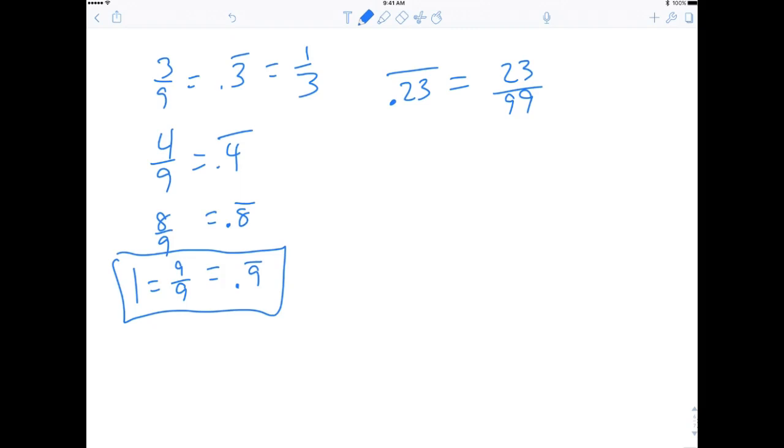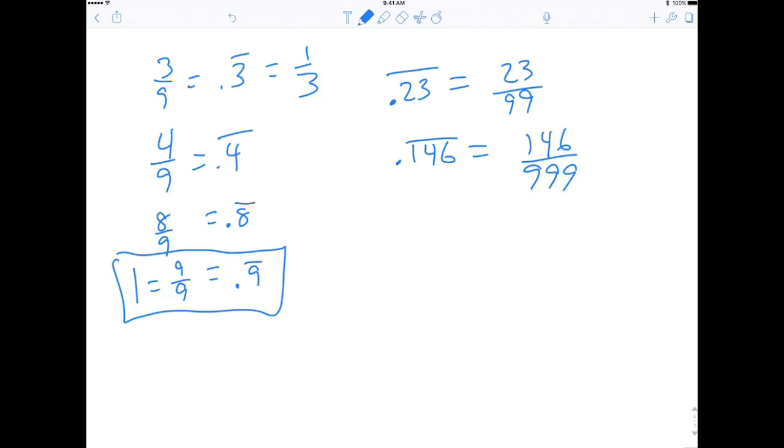Oh, because you have to add another 9 since 23 is a bigger number. That's exactly right. So if I said this, somebody stay with me, 0.146 repeated. Somebody tell me what that would be. 146 over 999. That's exactly correct. All repeated fractions somehow will get down to 999, there'll be a 9.